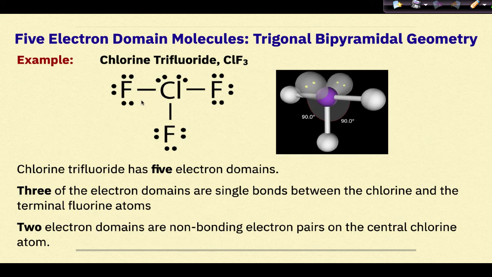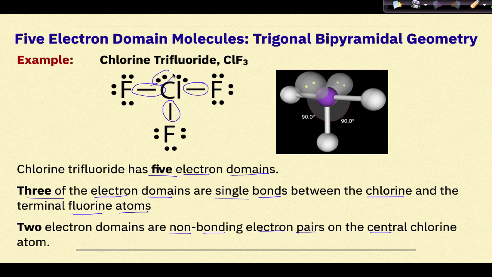Let's look at our next example, chlorine trifluoride, ClF3. Chlorine trifluoride has 5 electron domains. 3 of the electron domains are single bonds between the chlorine and the terminal fluorine atoms. So 1, 2, 3. 2 electron domains are non-bonding electron pairs on the central chlorine atom.